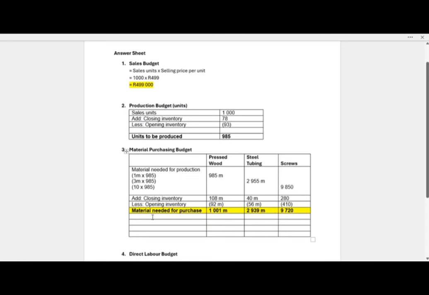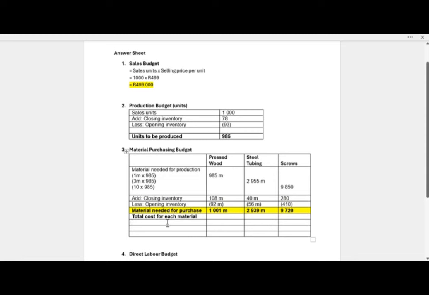So I want us to go and calculate the total cost for each material. So total cost for each material, we are going to start with the wood.